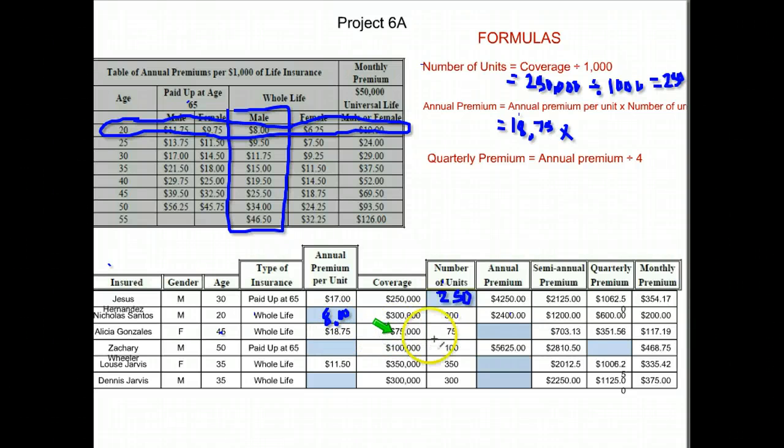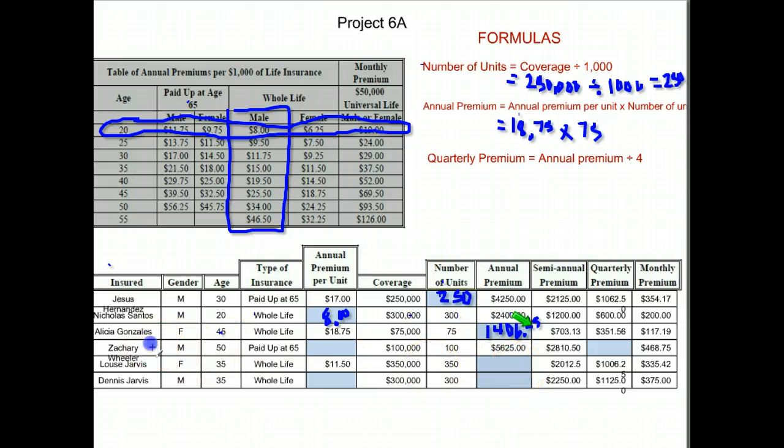Well, she wanted $75,000 worth of insurance, which was 75 units. So we just multiply that. Take 18.75 times 75. And her annual premium then would be $1,406.25.